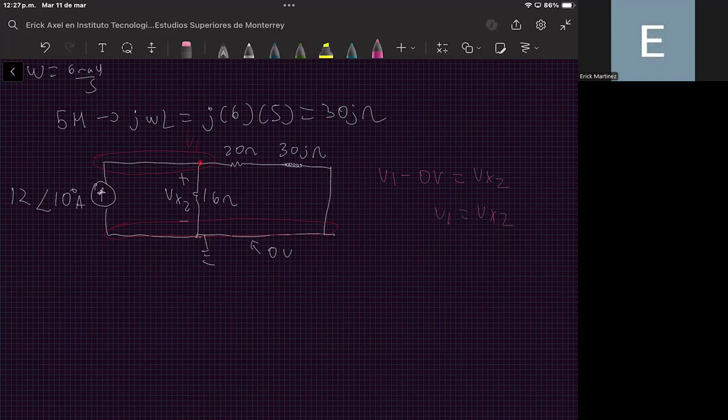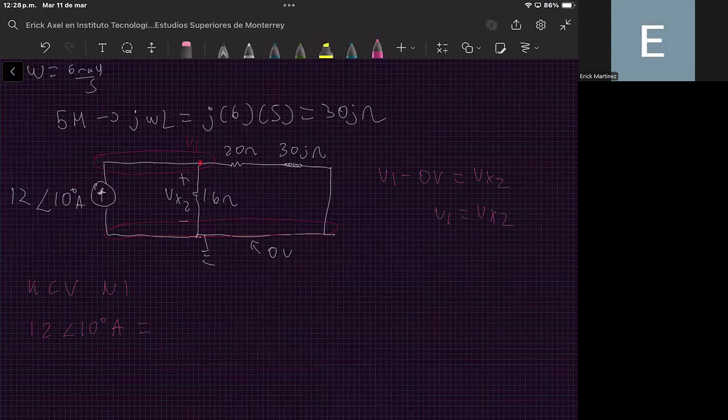Now we can apply the Kirchhoff current law to node number 1. You can observe that the current source is entering this node. Now we have 12 with an angle of 10 degrees amperes, and the current entering should be equal to the currents that are leaving.